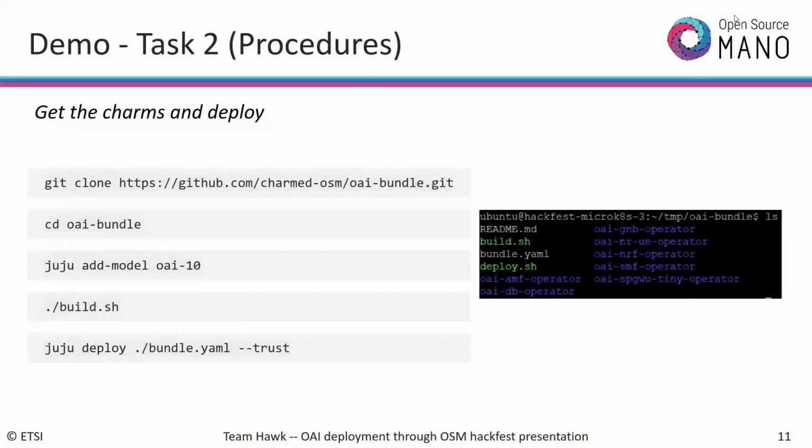Sure. Well, in these steps, we cloned the Git repository of the OAI bundle, using a tag, and using Juju add model and build, we were able to deploy the bundle using the code in YAML.